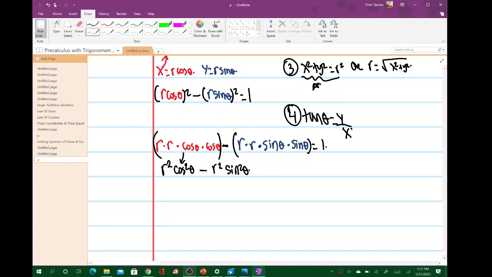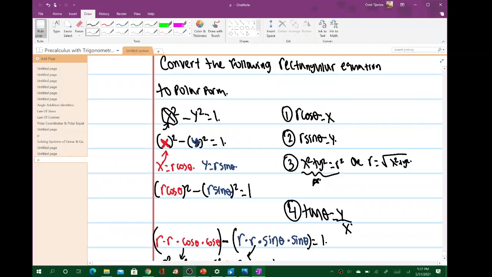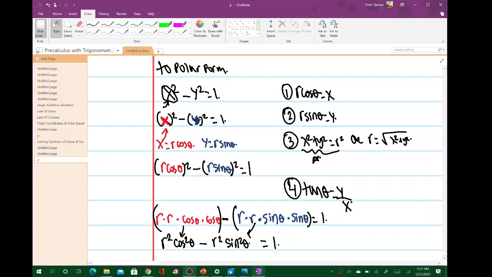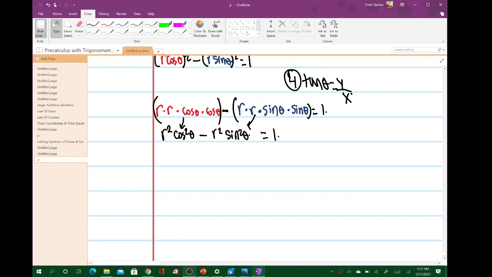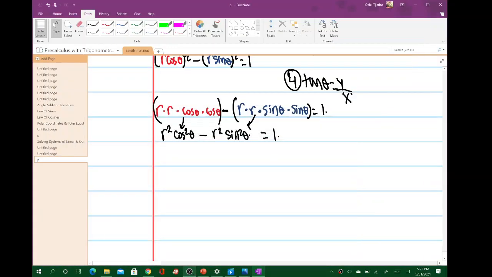This part is this part, and this part is this part. And this is equal to 1. And then you want to solve for r. When it's in polar coordinates, it's always going to be in terms of r. That's something that we should remember, right?